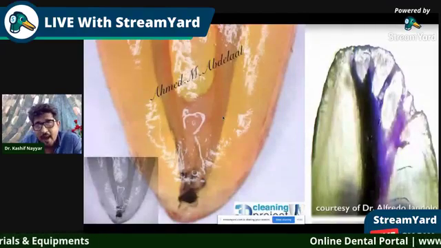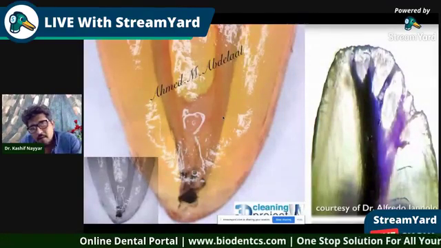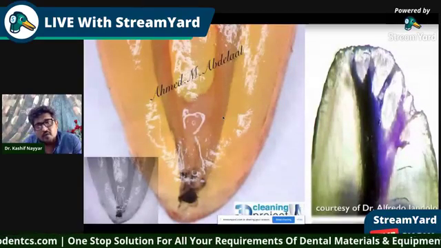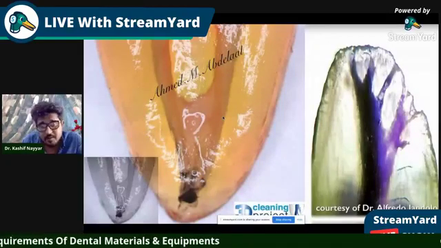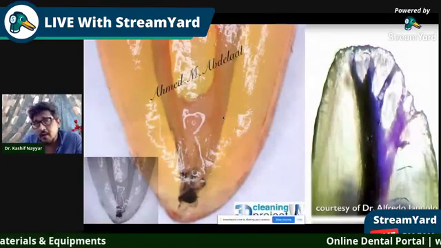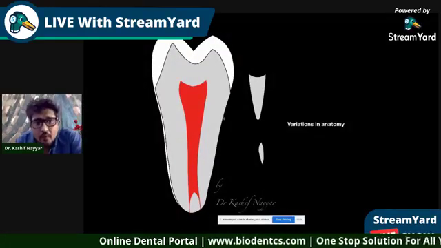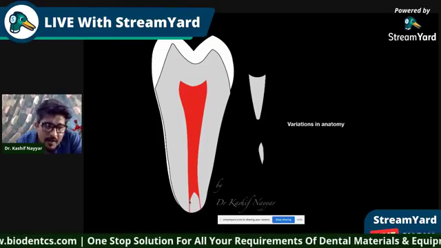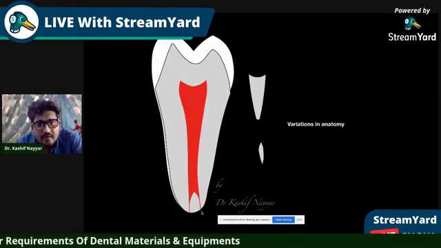This is an excellent illustration in the 3D cleaning project, and I can bet that this is what we feel on an everyday basis in our cases, and we all do that. We just don't comprehend it. And today I'm going to give you a visual analogy. So let's suppose in this animation you have a single canal, and it is exiting, making two portals of exit, so it's two canals.